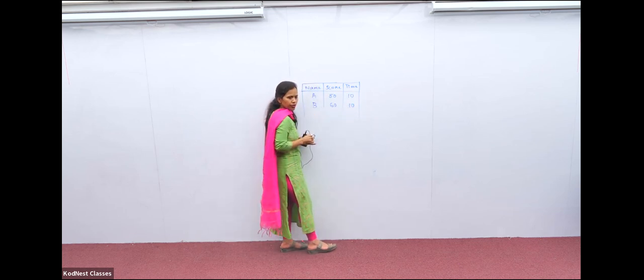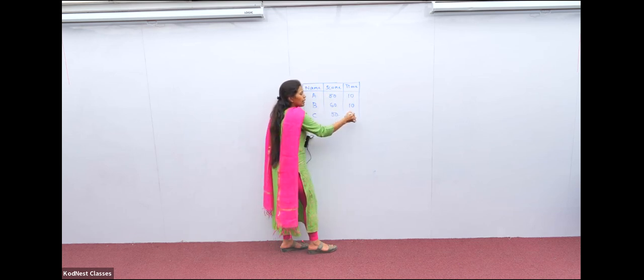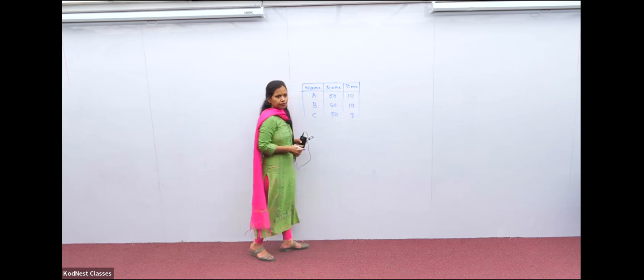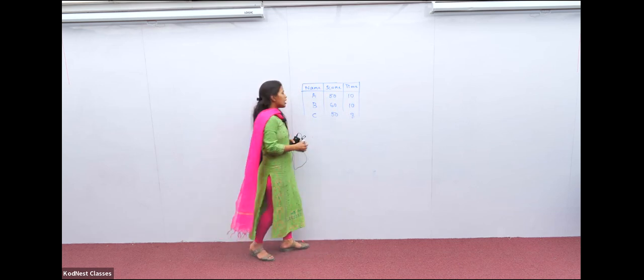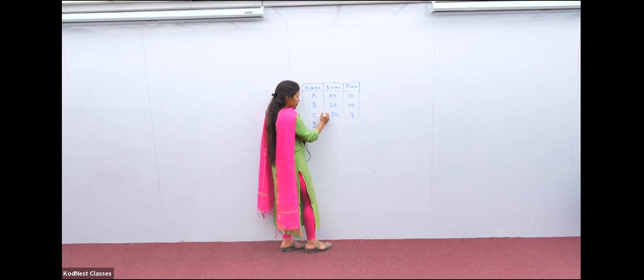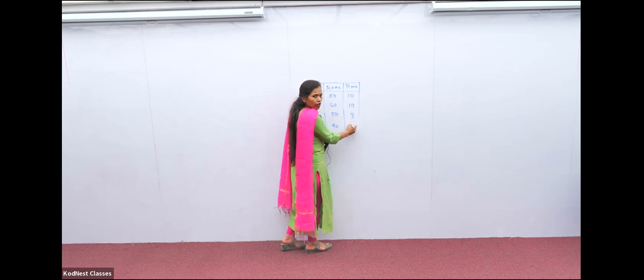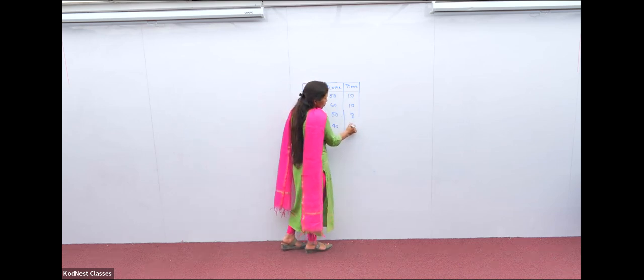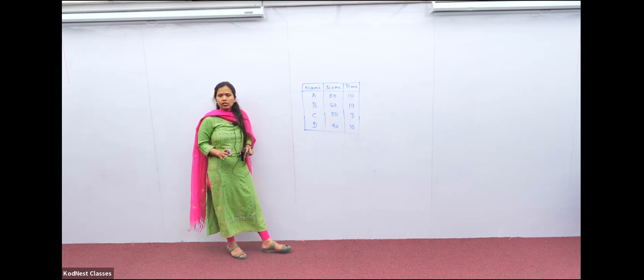Now there is another person C who has scored 50, but in 8 minutes. Are you all getting it? They have scored 50 in 8 minutes. And there is another person D, who has scored 40 in probably 10 minutes. I have some data like this.